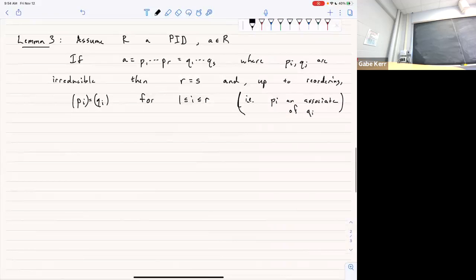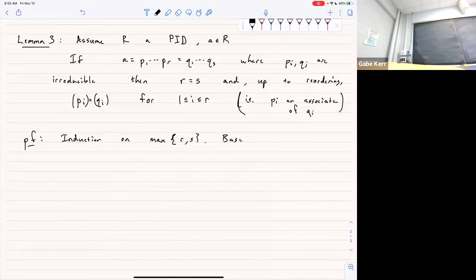Well, to prove this, you sort of prove this by maybe induction on the maximum of R and S or something. If it's one, then they're both irreducibles. You have a single equality. The base case is silly.